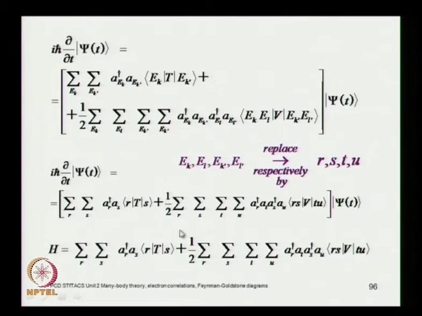So, what is in the square bracket is the Hamiltonian. H cross del by del t of an occupation number state is now equal to H operating on this state, in which this is now the Hamiltonian. So, now the Hamiltonian in the second quantization formalism is identified, and it is written in terms of these creation and destruction operators, and of course, there are these integrals R, T, S and so on.